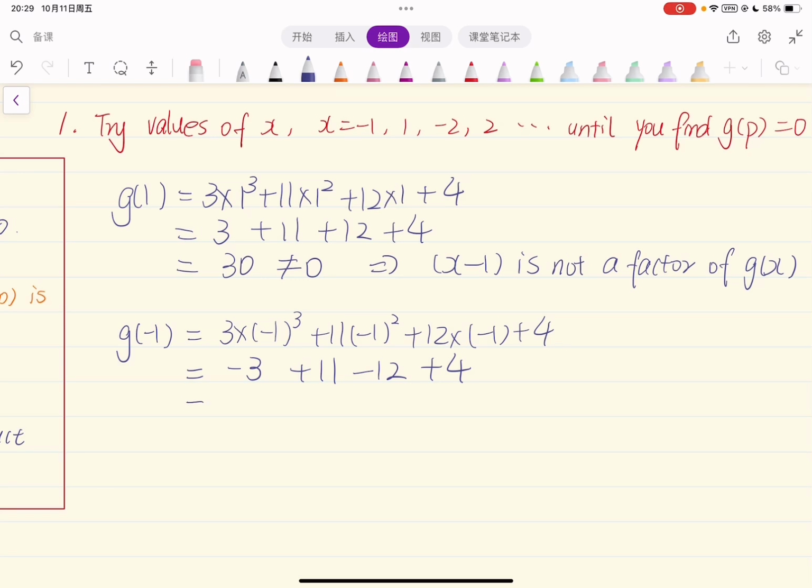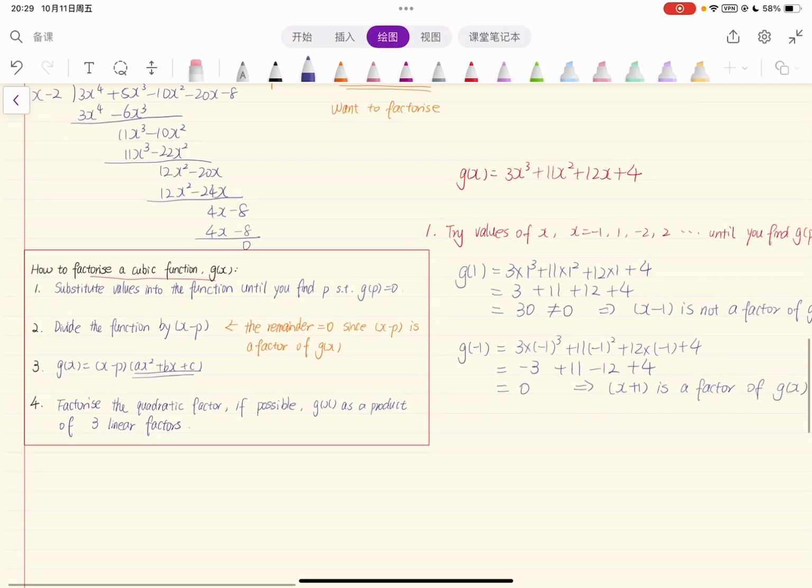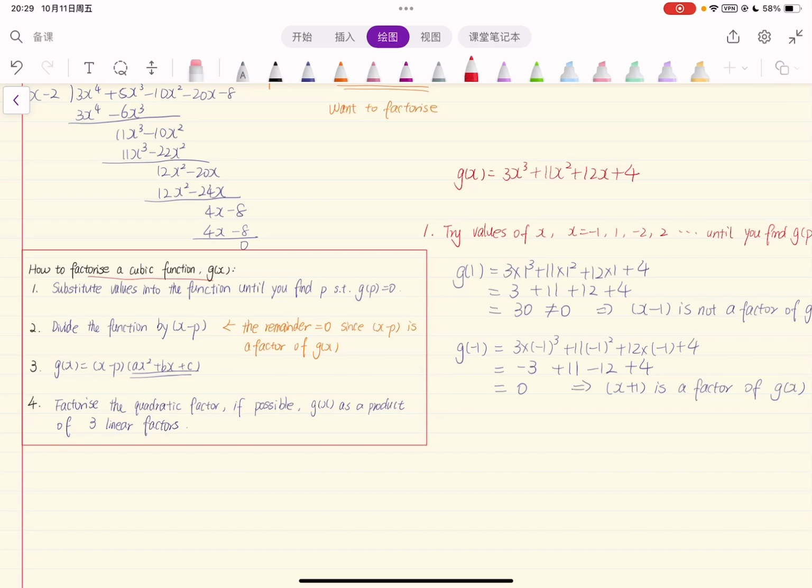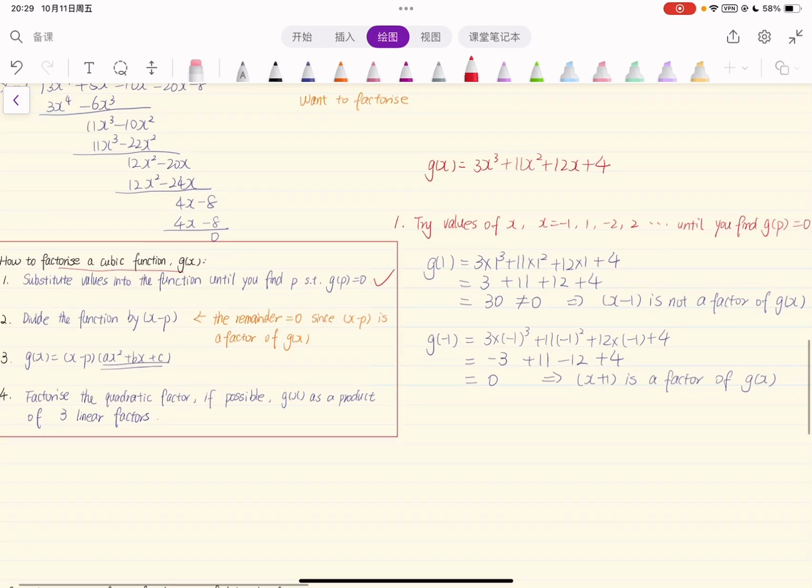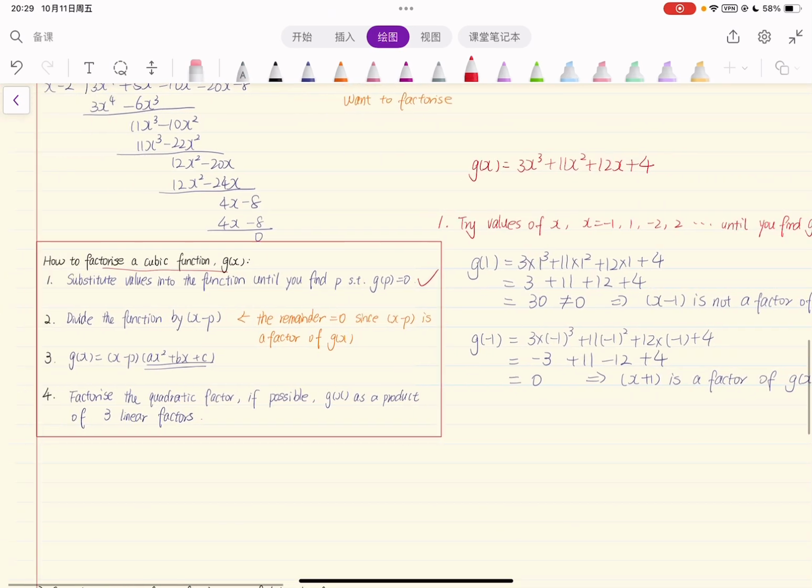That equals 0, which means x plus 1 is a factor of g(x). So we have done the first step. We find the value p such that g(p) equals 0.